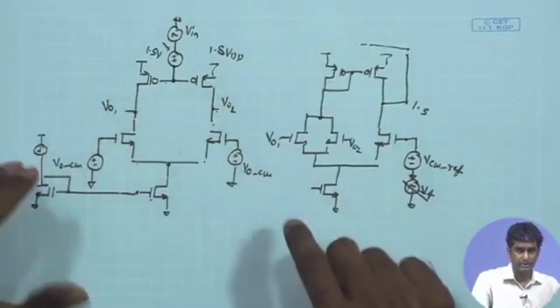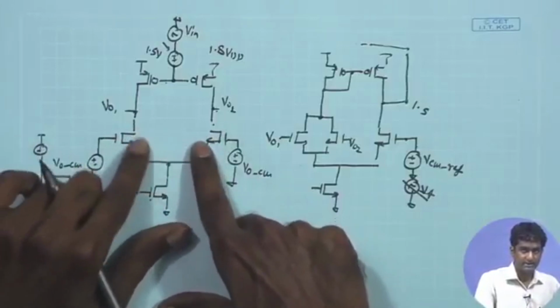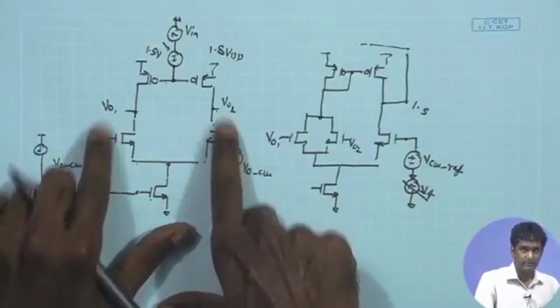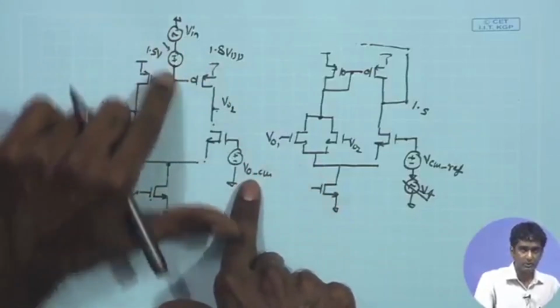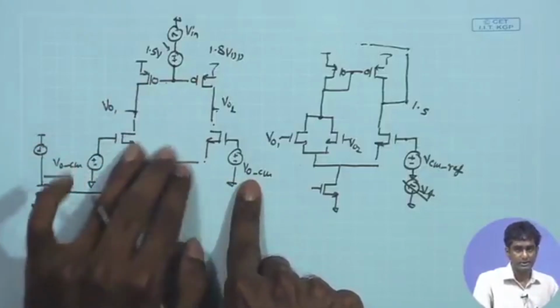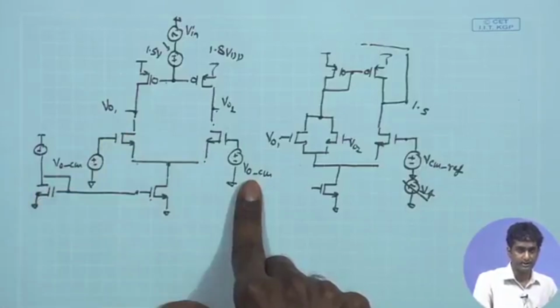If you remember our discussion on the open loop analysis, this behaves like a cascode device with the gate as AC ground, and therefore, with respect to the signal over here, the input pair acts like a common source amplifier's input pair, whereas the NMOS transistors over here and the NMOS of the current source act like the cascode load.